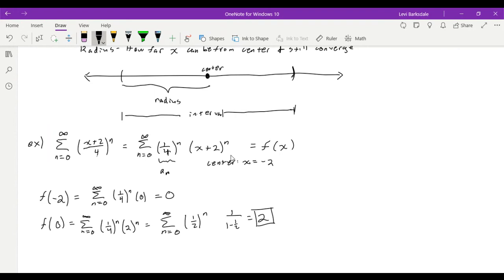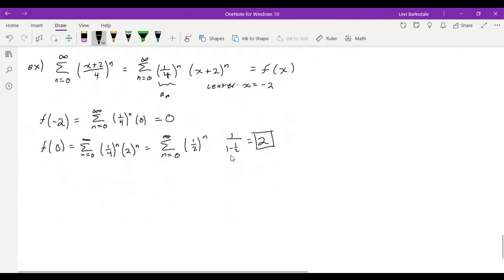Now, if I wanted to find the radius and interval of convergence, I would use the ratio test. If I apply the ratio test, I get, that should be x plus 2 over 4 right there, not over n.